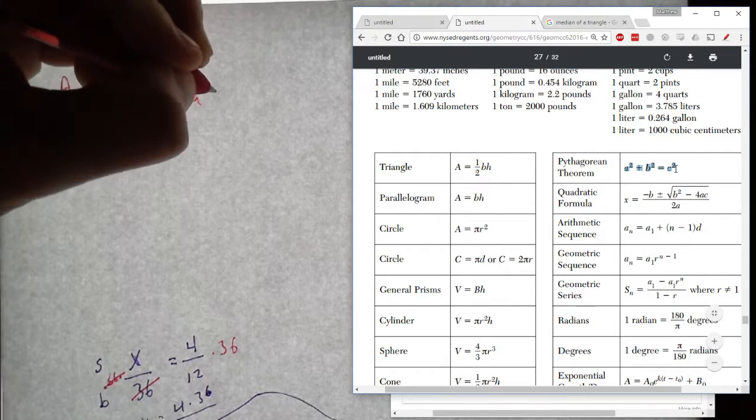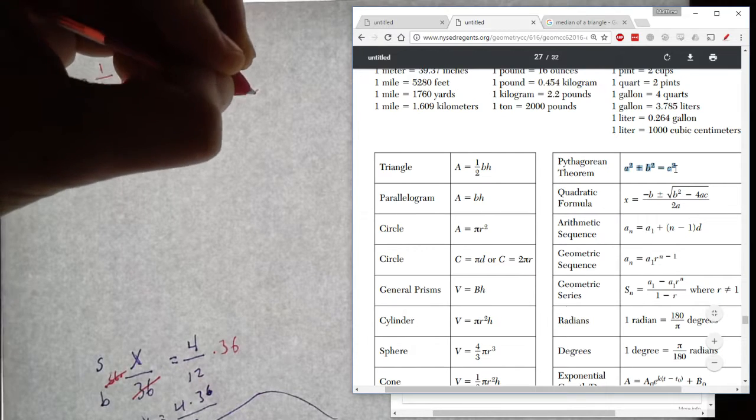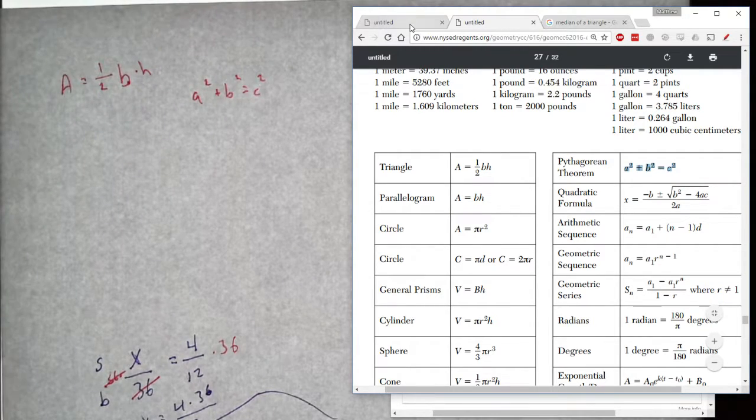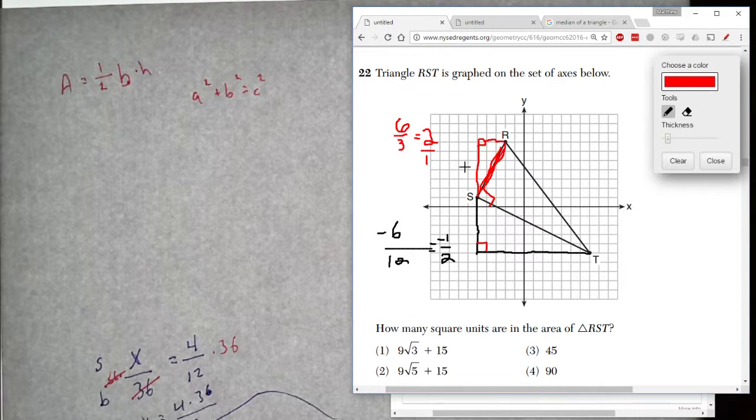A squared plus b squared equals c squared. This side is 6, this side is 3, and this is my hypotenuse c.